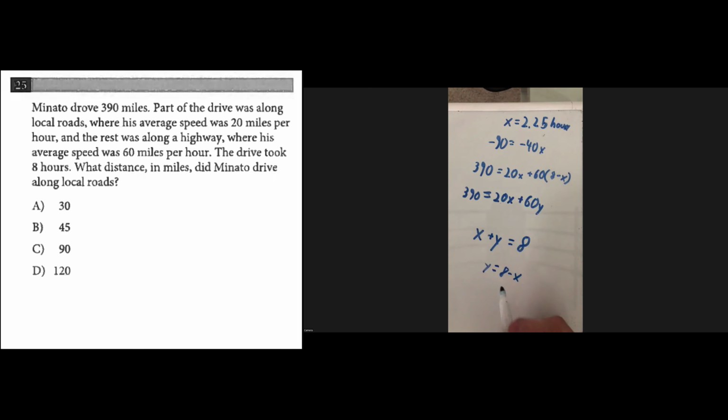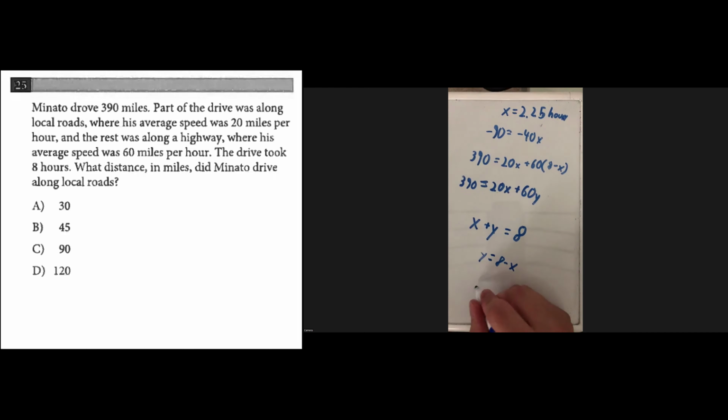So 2.25 hours times 20, because it says 20 miles per hour on the local roads. So 2.25 times 20 is equal to 45. So the correct answer is D.